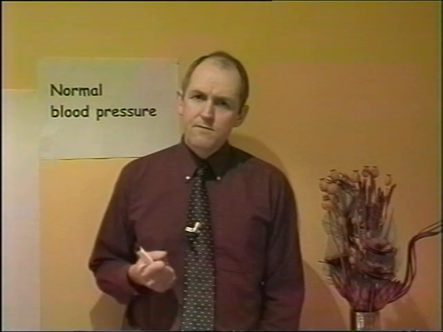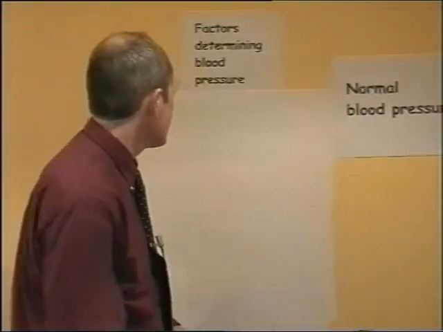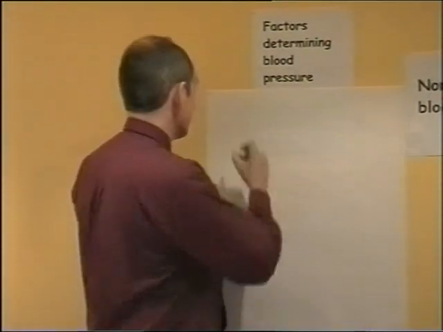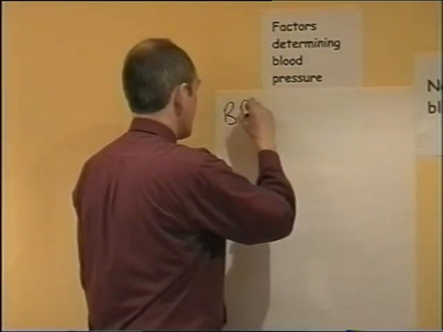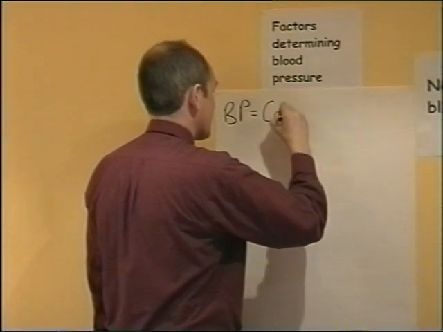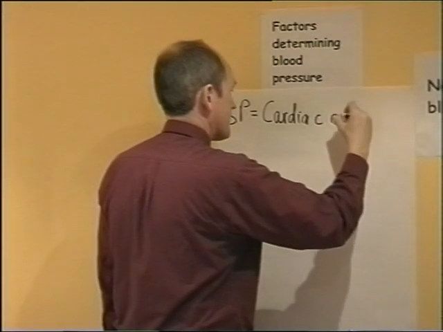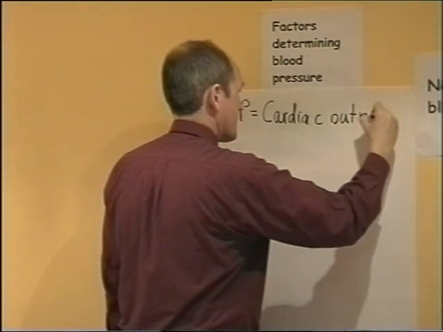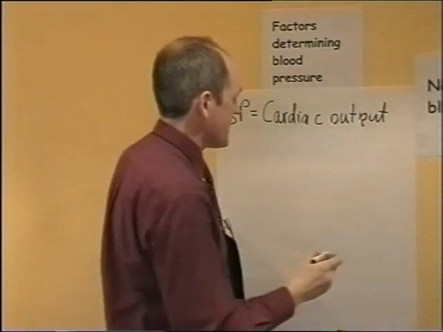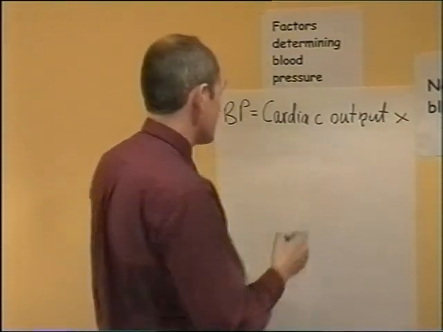And we're going to look at the factors that determine blood pressure. And I want to write down a couple of equations to start off our thinking about this. Now, blood pressure equals cardiac output multiplied by peripheral resistance.